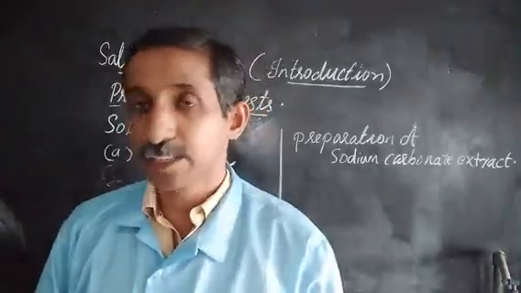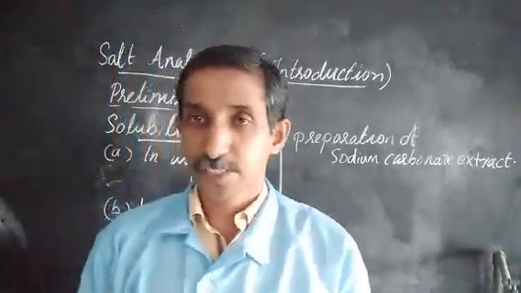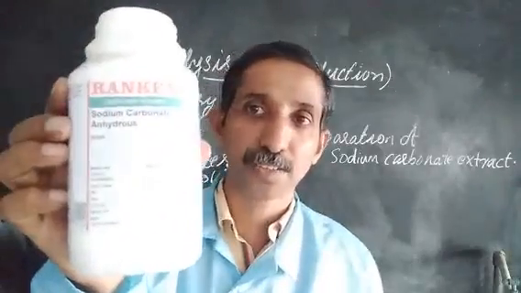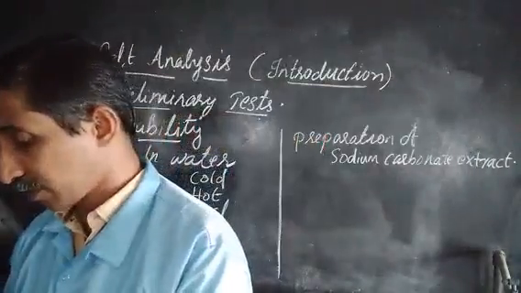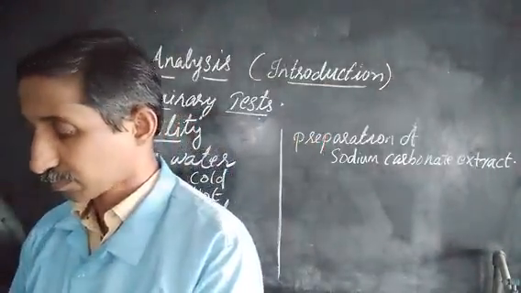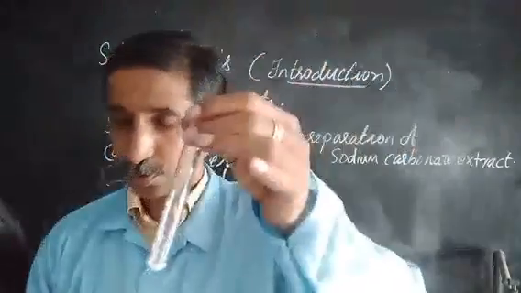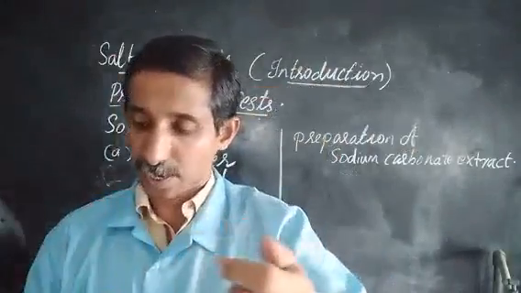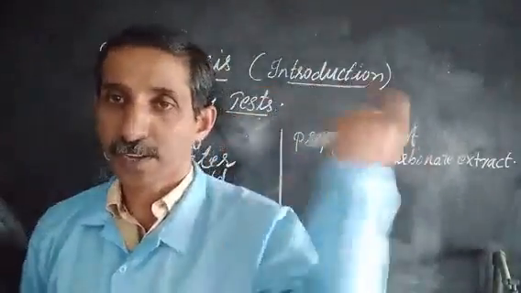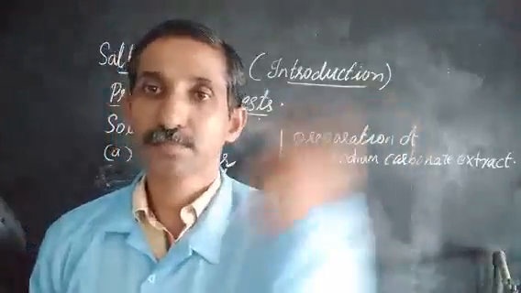What is that next step? You will be taking a little bit of sodium carbonate. Just now we have prepared sodium carbonate extract, that very same thing, sodium carbonate. A little bit of this is taken in another test tube, and you are adding water into that and you prepare a solution of that.